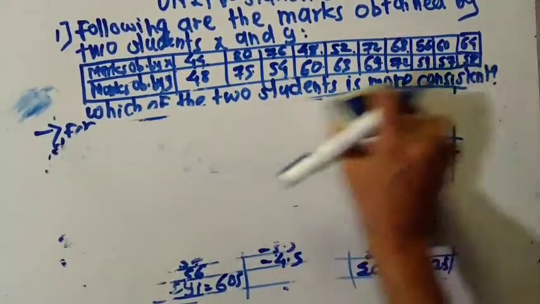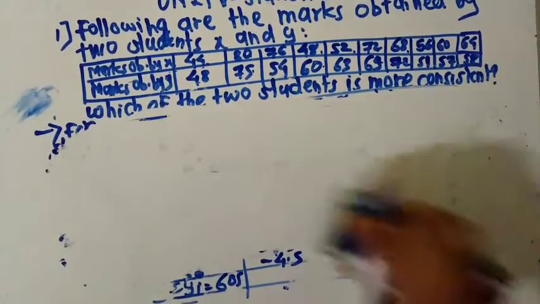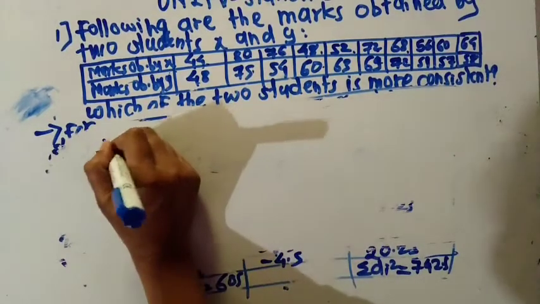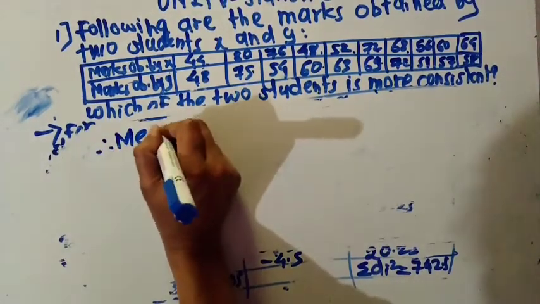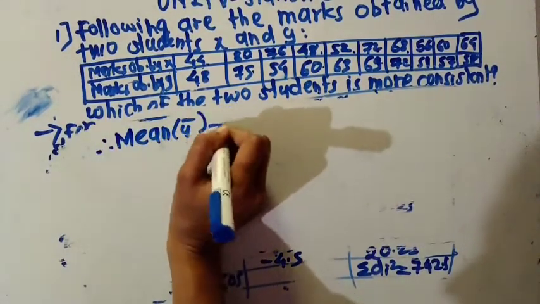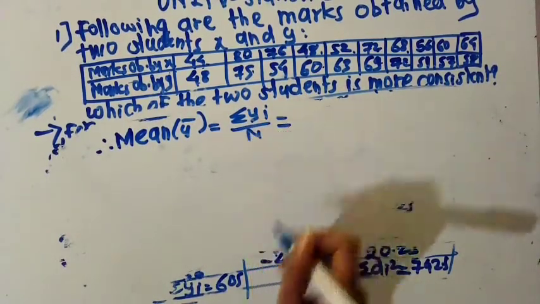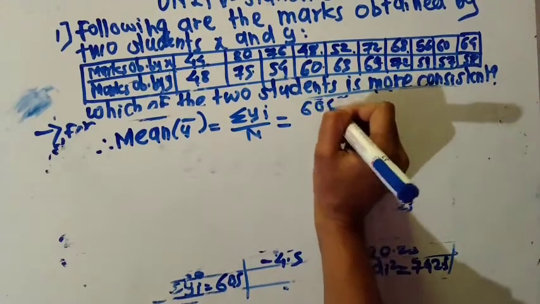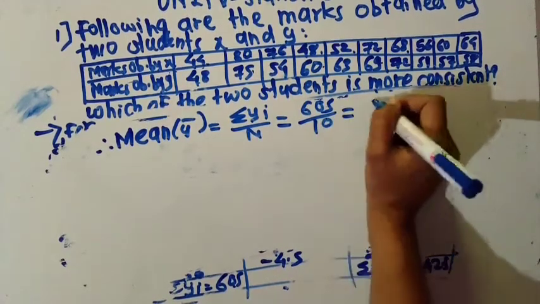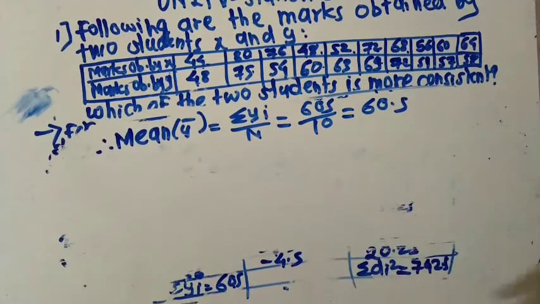And first write down the mean. Hence the mean y bar is equal to summation of yi upon n, 605 upon 10, is equal to 60.5.